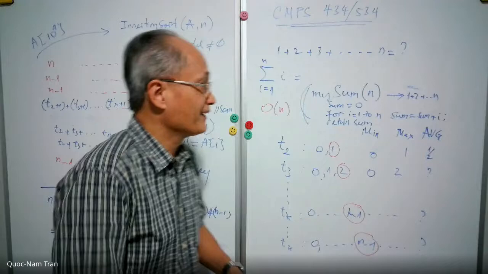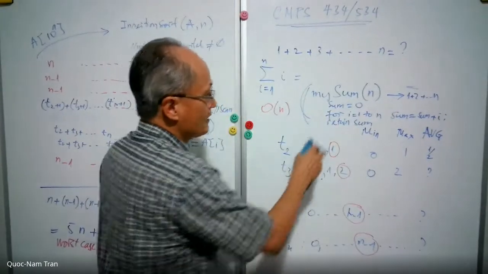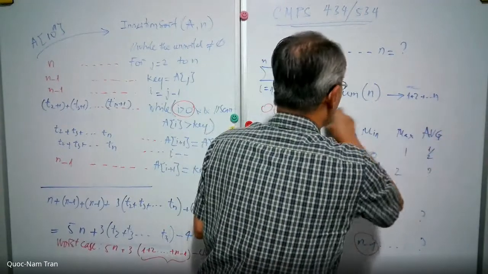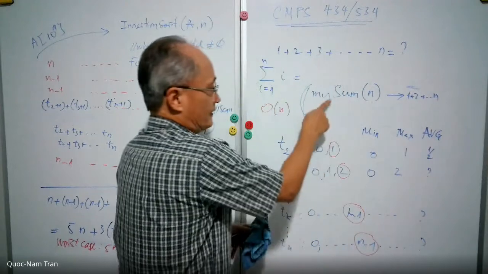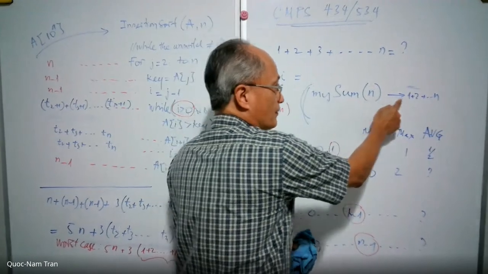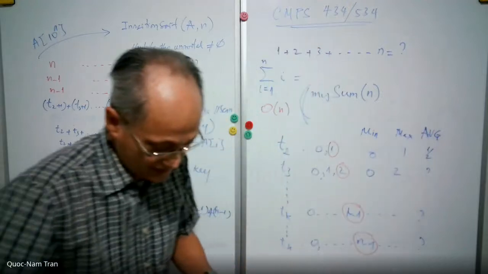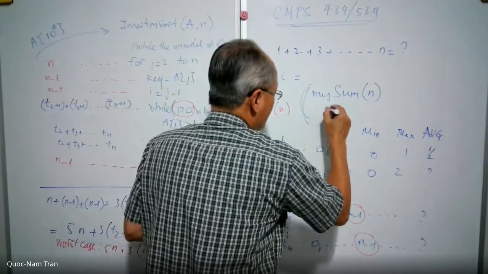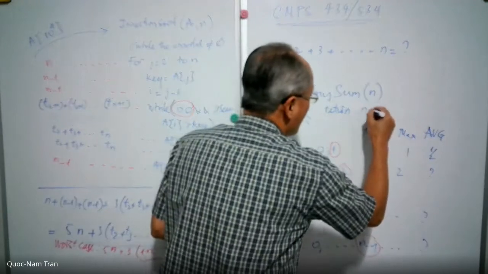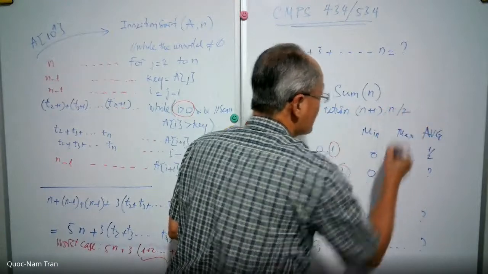All right. So instead of writing the function like this, I will write my function like this. I want a function that returns the sum from 1 to n, so I will simply write: return n plus 1 times n divided by 2.